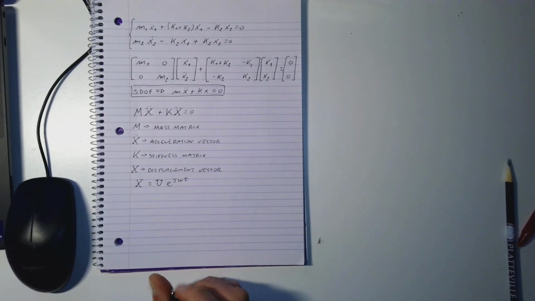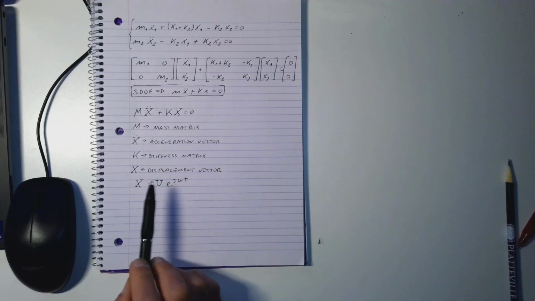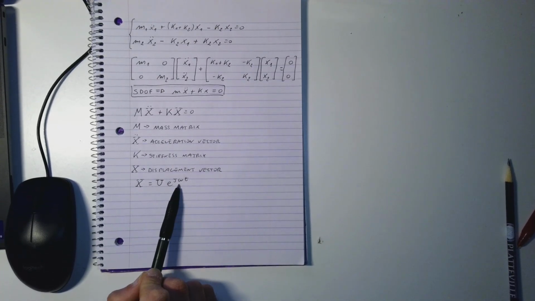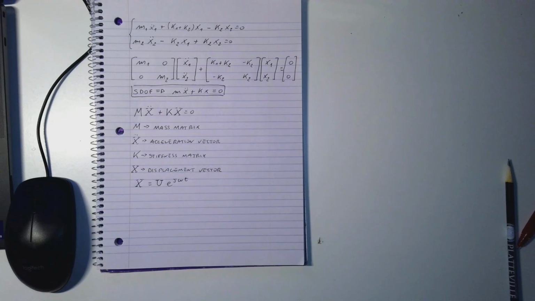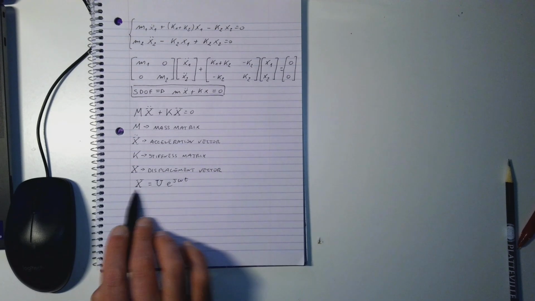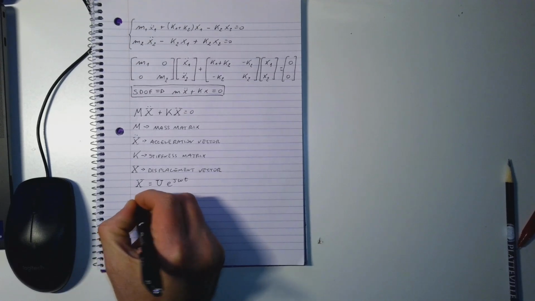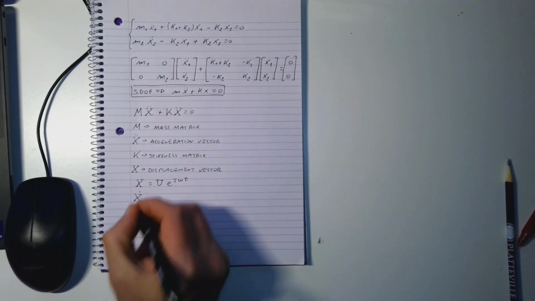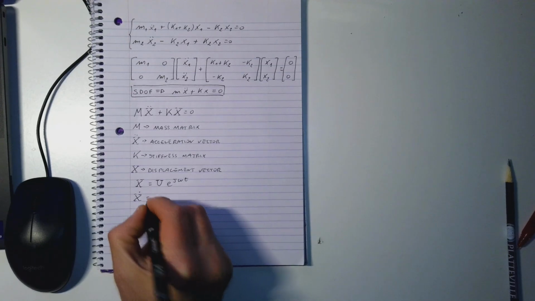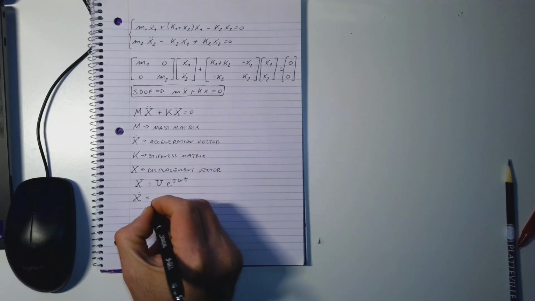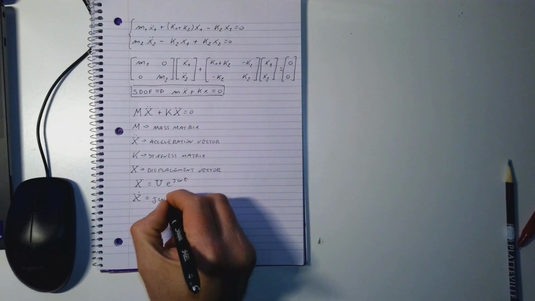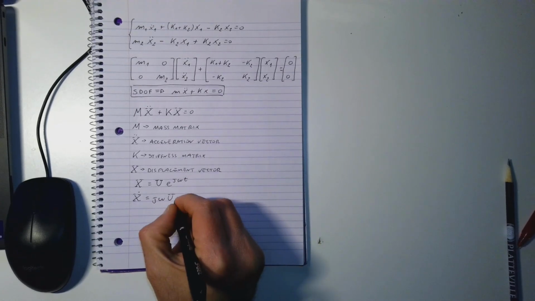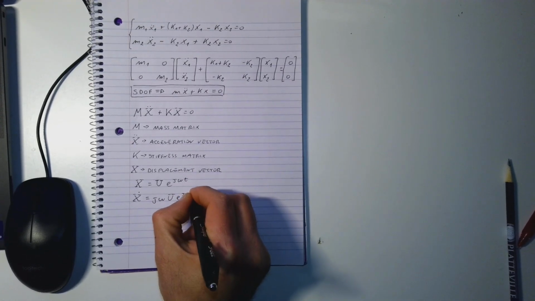We can do something similar to what we did before, which means that we can derive this twice, then we can plug it into our general form of the equation, and then from there we can see what kind of result we obtain. So when we derive the first time, we obtain x dot, which will be equal to j omega times U times e to the power of j omega t.